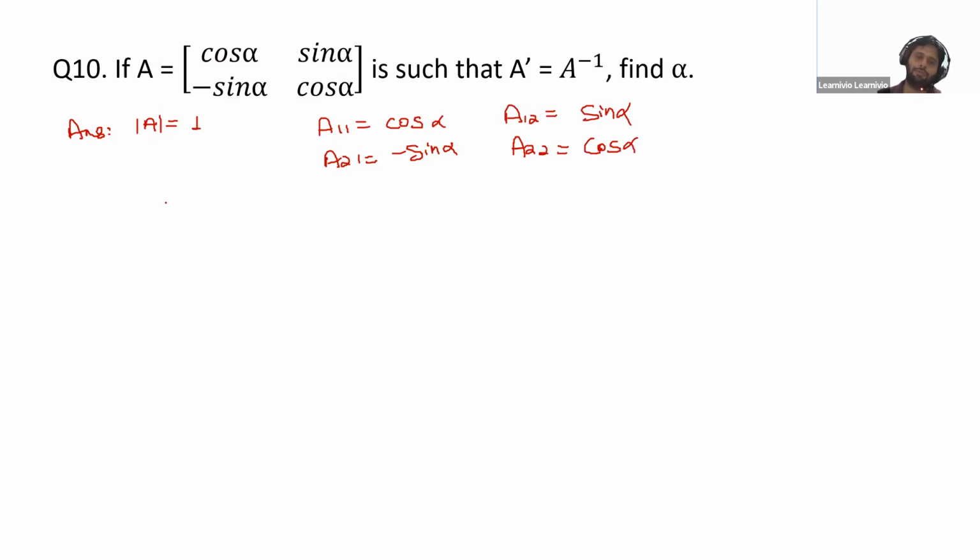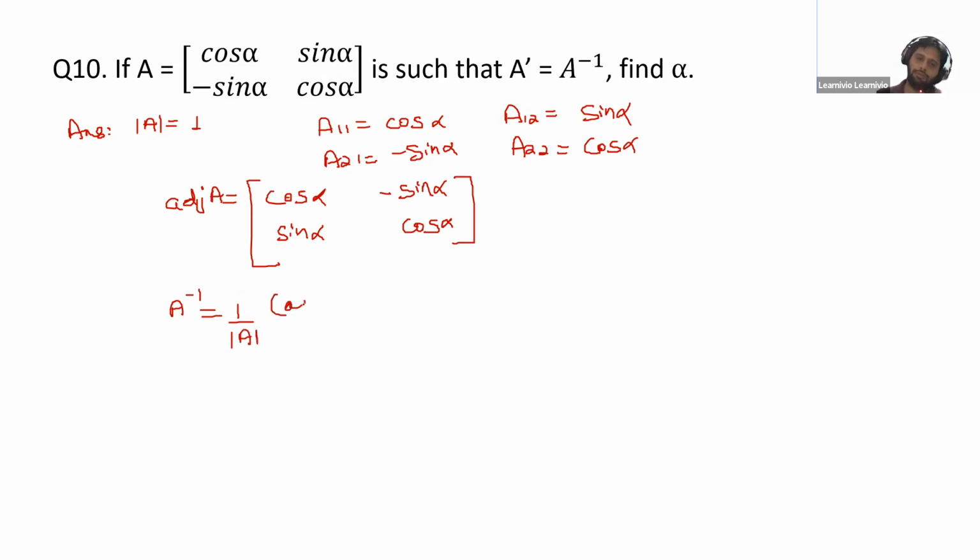The adjoint of the matrix is the transpose of this: cos alpha, sine alpha, minus sine alpha, and cos alpha. Now A inverse is equal to 1 by determinant of A into adjoint, so A inverse is cos alpha, minus sine alpha.